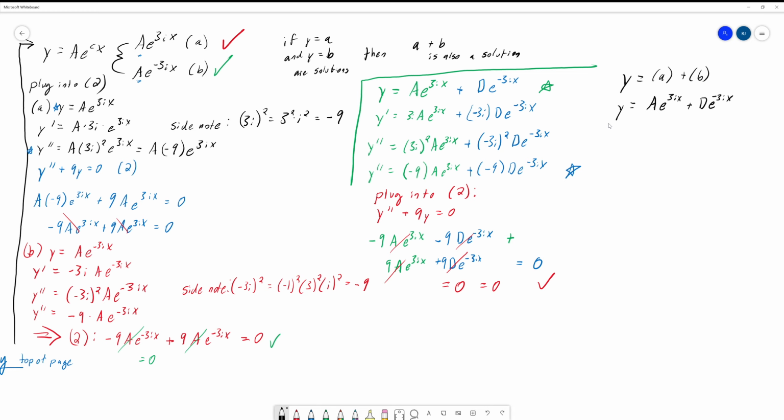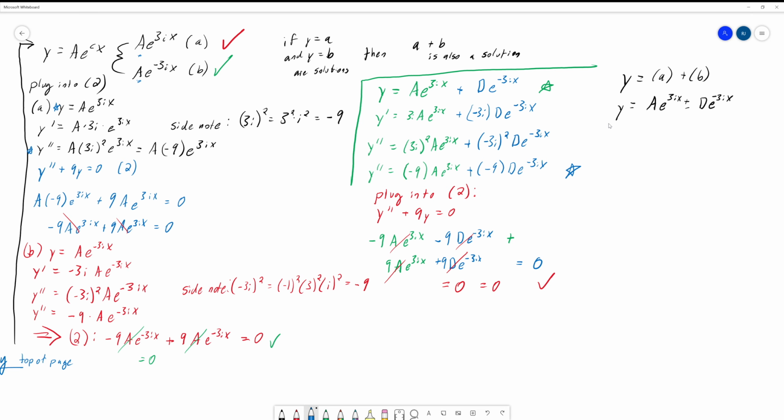Now, there's actually one thing left to do, which is just as we went through with a plus b being a solution, you could also have a minus b be a solution. So it's actually plus, let me erase this here to give myself some more room. This is actually plus or minus.